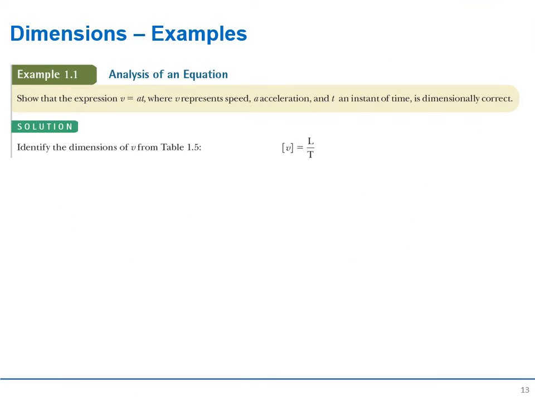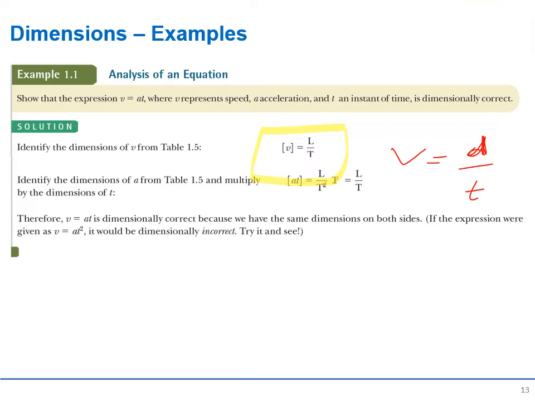Okay, analysis of equations. This is what we actually did, right? Velocity is displacement over time. This is the formula for velocity, and these are the dimensions. When you check the left hand side and the right hand side, the equation v equals at is dimensionally correct because we have the same dimensions on both sides.